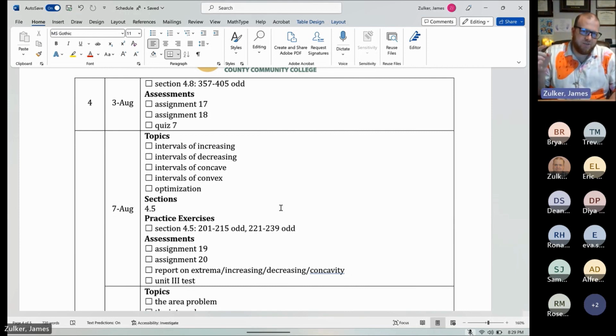Optimization is an application of increasing and decreasing and extrema. When you look to optimize something, you're looking to either maximize it or minimize it. That is what we're going to look at Monday evening.